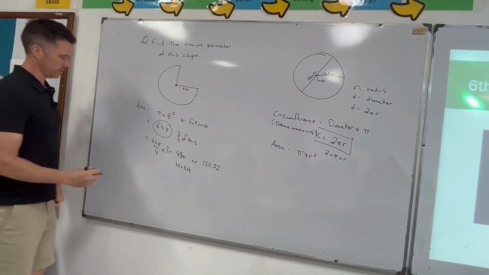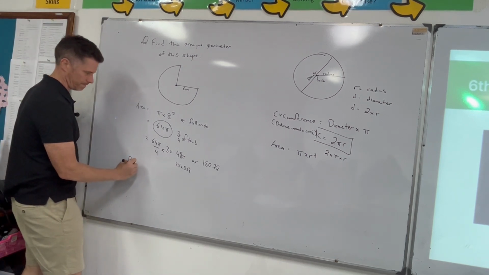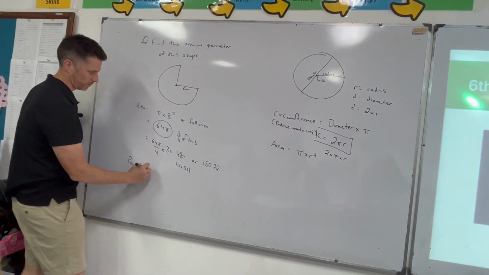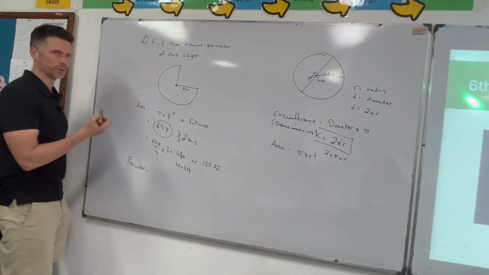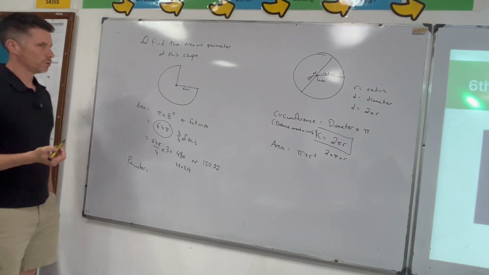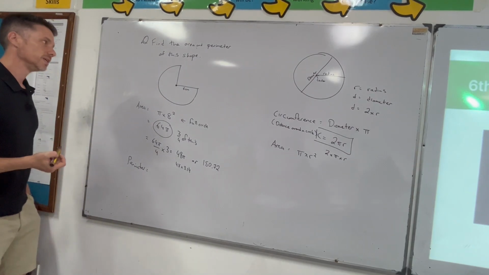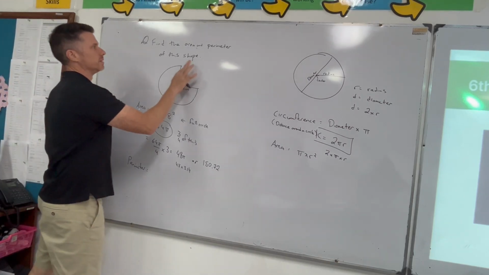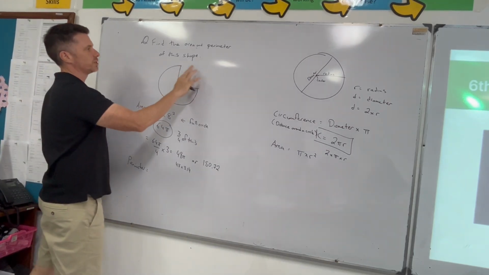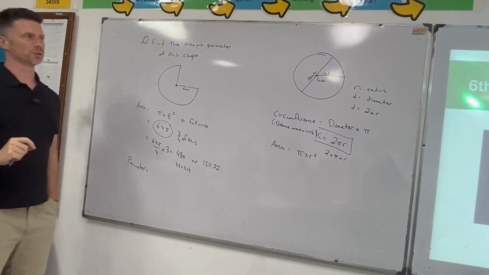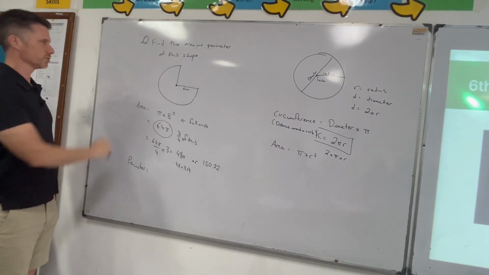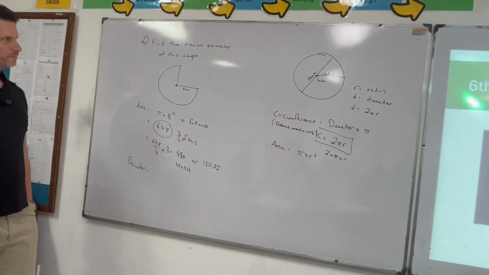And now the perimeter. The perimeter of a shape is the distance if I walked around the whole thing. Yes. Circumference refers specifically to a full circle. So it doesn't work if it's not, this is not a circle. It looks close to a circle.